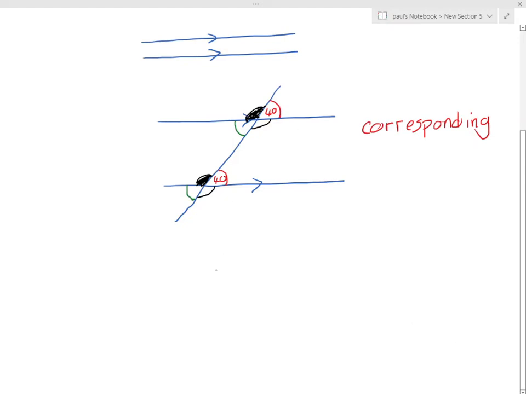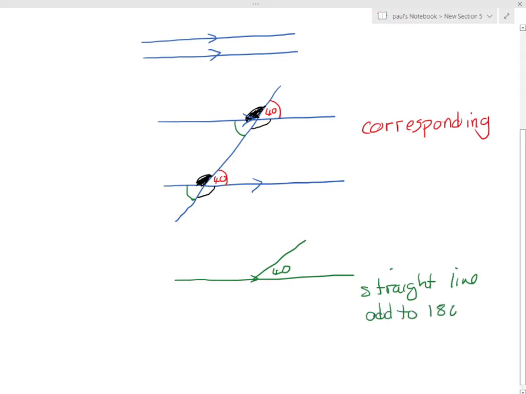Now, there's an extra bit of knowledge. If we have an angle there, and we'll say that that is 40, we've got angles on a straight line, and the angles on a straight line add to 180.